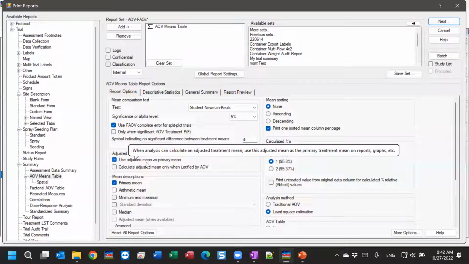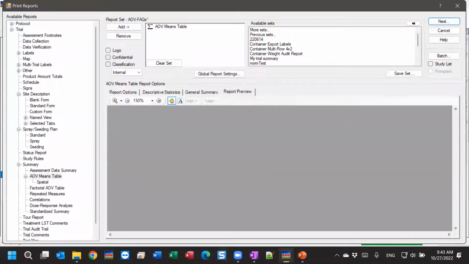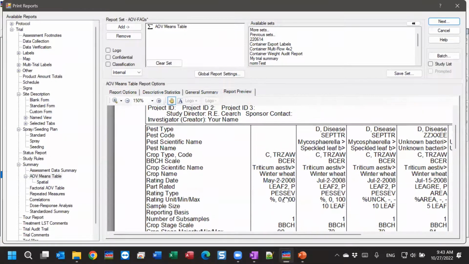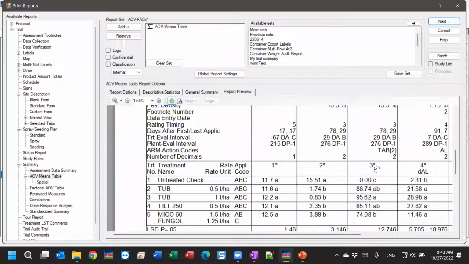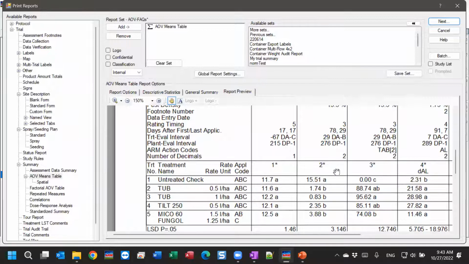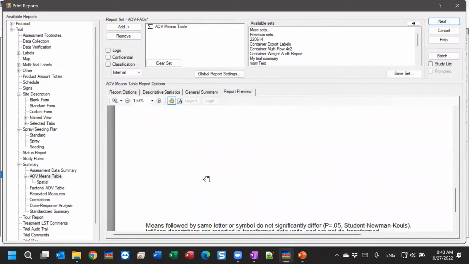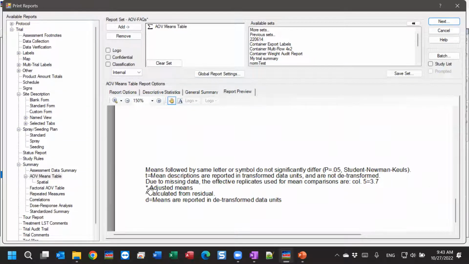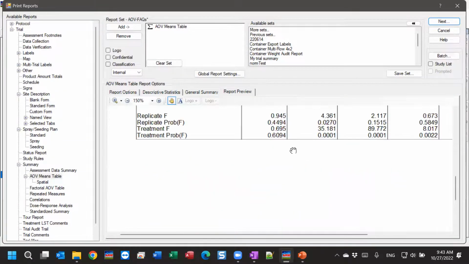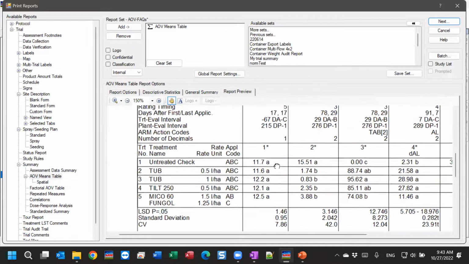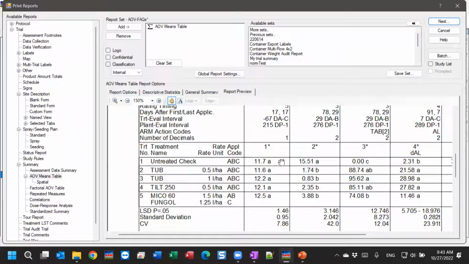We need to make some adjustments, but instead of specifically putting a value in, we can just adjust our mean using particular calculations. And so that you may see on the report with that asterisk right next to the column names. And then down below, you'll see that is adjusted means could be used. Typically, if you don't have any missing data, it'll be the same.